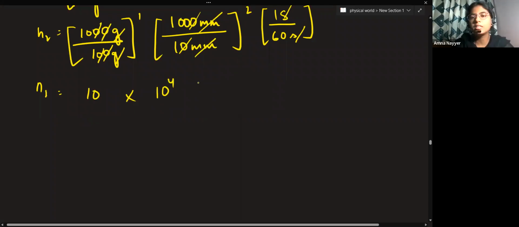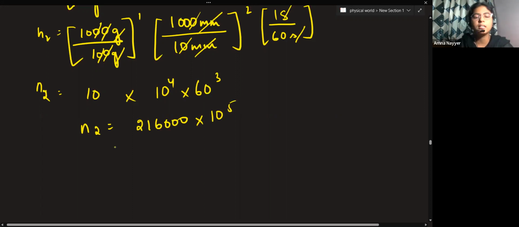And here you have 60 to the power 3, because it's minus 3, so you write it as 60 cube. So N2 will be what? 60 cube is 216,000. Multiplied by 10 to the power 5, this becomes 2.16 into 10 to the power 8.